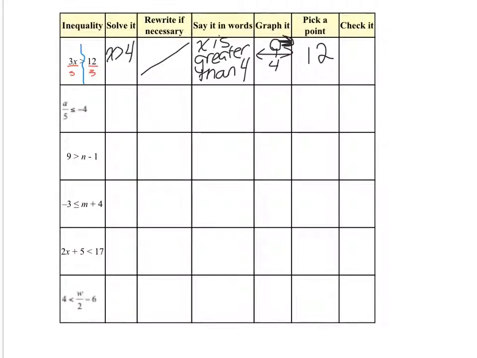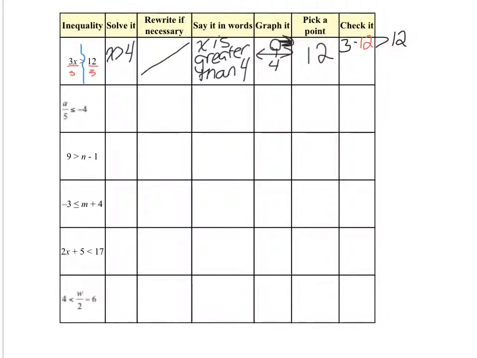Check it. This time when you check it, you're going back to your original equation. Okay, so your check it is going to be 12. Oh, so, whoops, sorry about that. You're going to do 3 times 12, because that's the point I picked, is greater than 12.